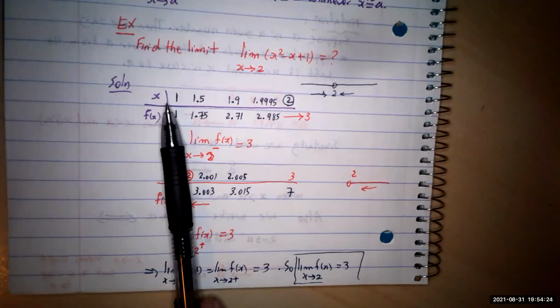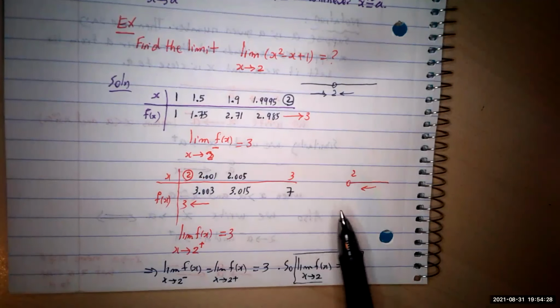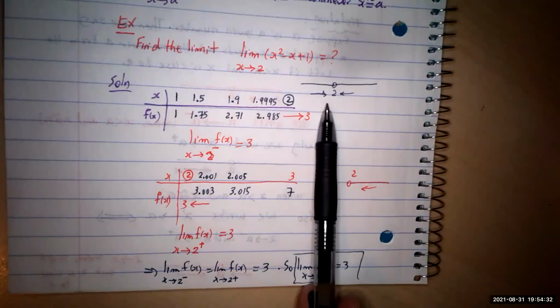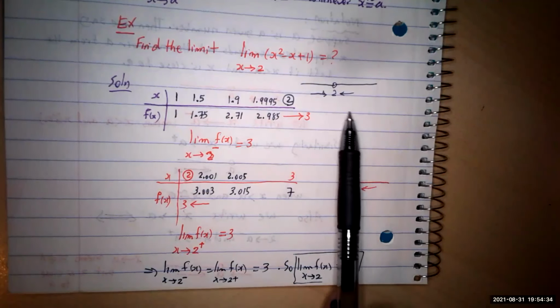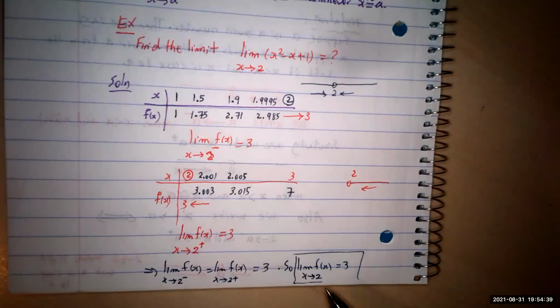X comes first. So when x changes, then f of x would have a target, if you like. The target of x would be 2. When x gets closer and closer to 2, then f of x would hit its target, which is going to be 3. So it's a machine where one depends on the other in the case of a function.